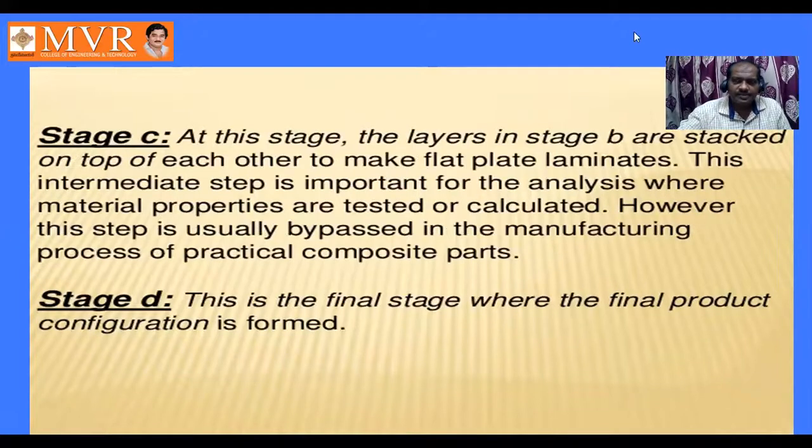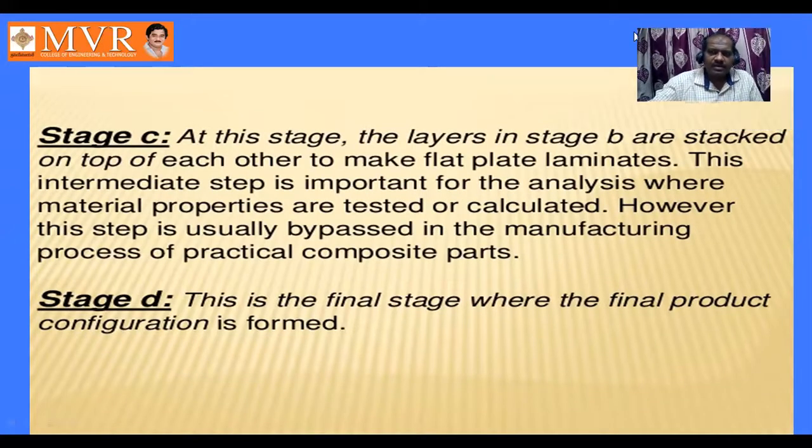Next, stage C. The stages are nothing but the different forms of a composite material to convert raw material into a finished product. At this stage, the layers from stage B are stacked on top of each other to make flat plate laminates.